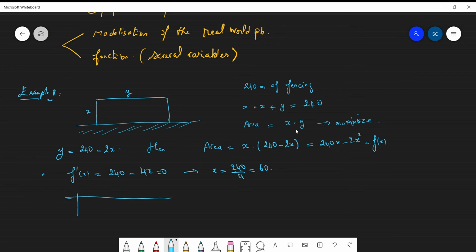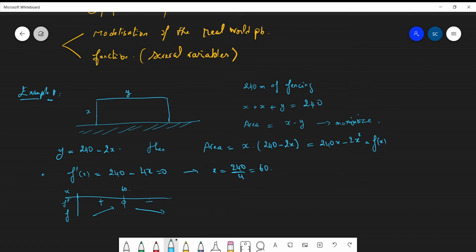My function is defined everywhere, so let's say 60. The derivative is positive if x is less than 60, negative after, and equals 0 at 60. So my function is increasing and then decreasing. This is the sign of f prime, and this is the behavior of f.